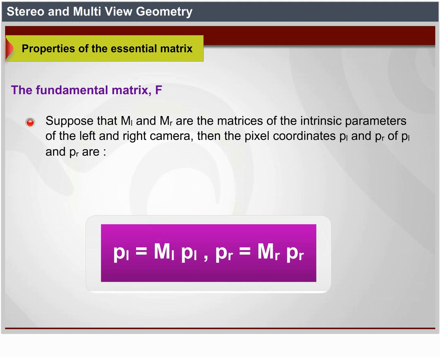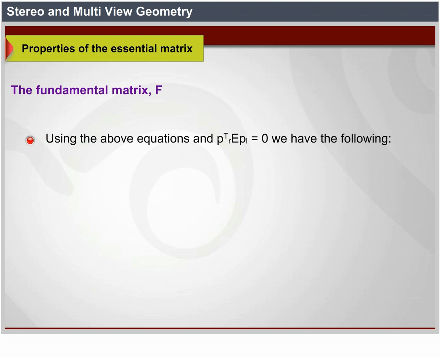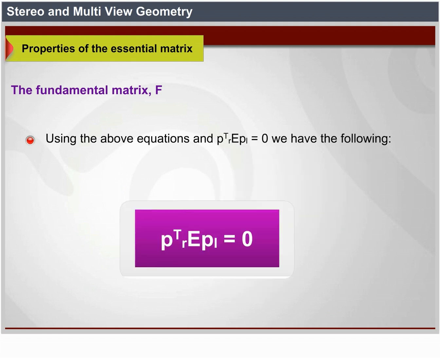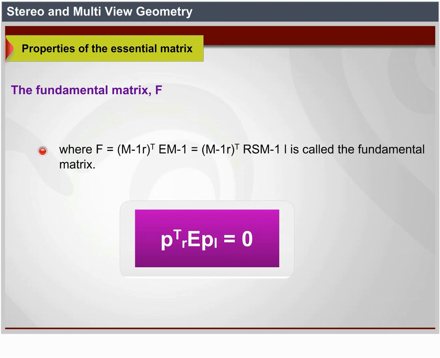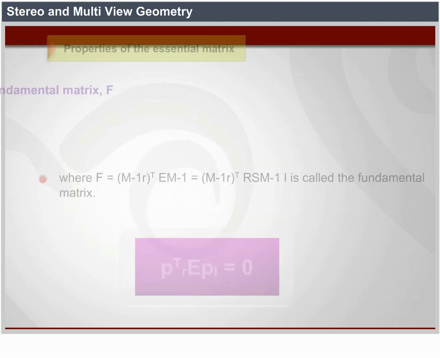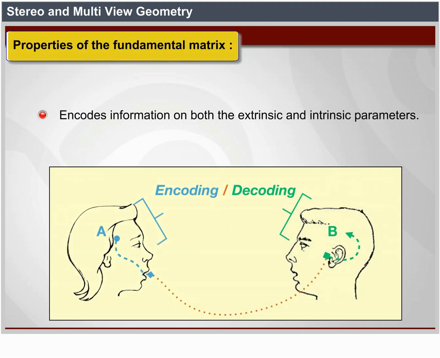Using the above equations and PR raised to the power T, E PL equals 0, we have pR raised to the power T, F pL equals 0, where F equals MR minus 1 raised to the power T, E ML minus 1, which equals MR minus 1 raised to the power T, R S ML minus 1, is called the fundamental matrix. Properties of the fundamental matrix: it encodes information on both the extrinsic and intrinsic parameters. It has rank 2.